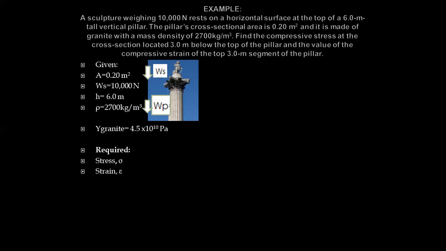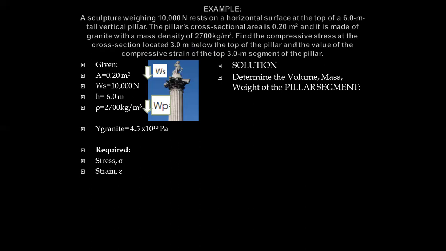We are required to solve first for the stress: find the compressive stress at the cross-section located 3 meters below the top of the pillar. The second one is to solve for the strain at the 3.0-meter segment of the pillar. Let's proceed with the solution.